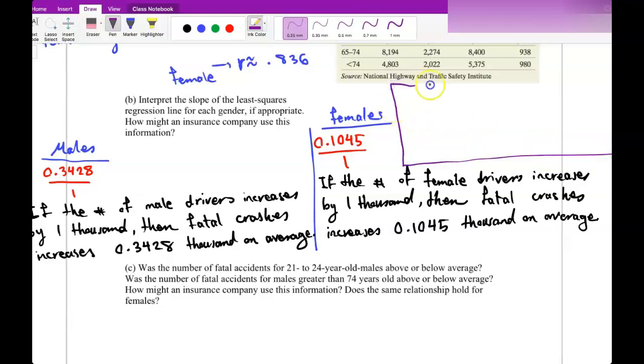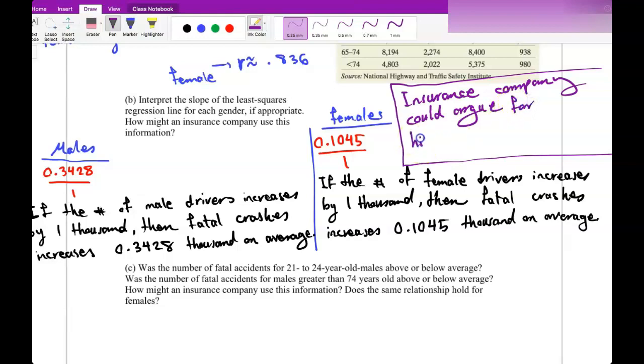Our conclusion is the insurance company may have higher rates for males, and that is because the slope for males is larger than what we have for females.